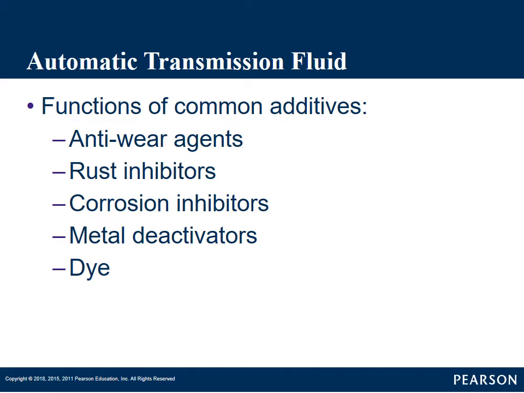Anti-wear agents just help reduce friction and scoring and damage to our components, bearings, bushings, things like that. Rust inhibitors. We don't want rust in our transmissions. Some of our older valve bodies were cast iron. They might have steel valves in a cast iron body. Obviously, we don't want that rusting. If we get rust on our metal objects, and it falls off, we can get it sucked up into the transmission and cause all sorts of problems there.